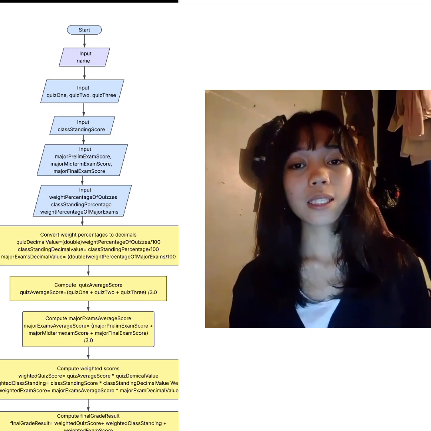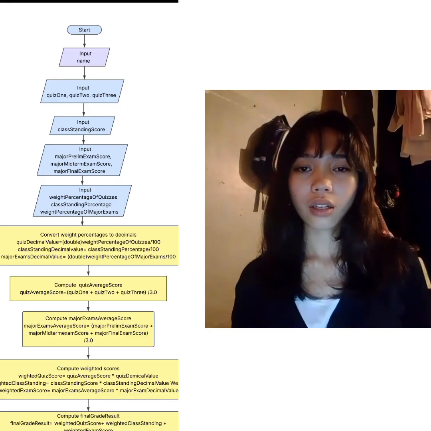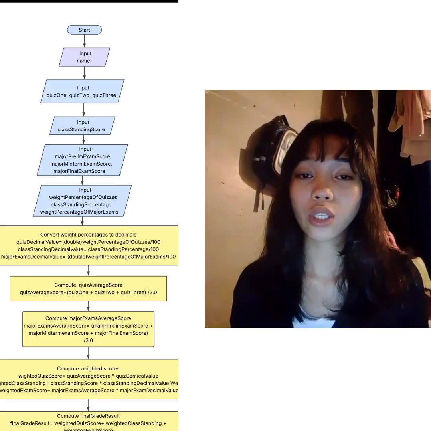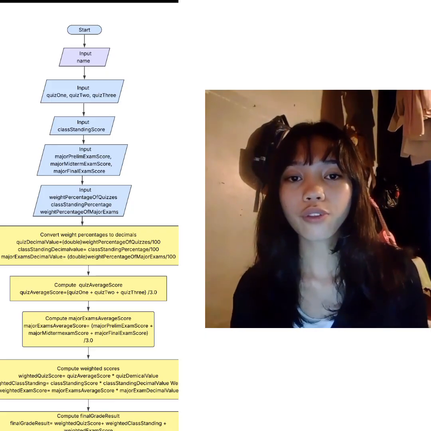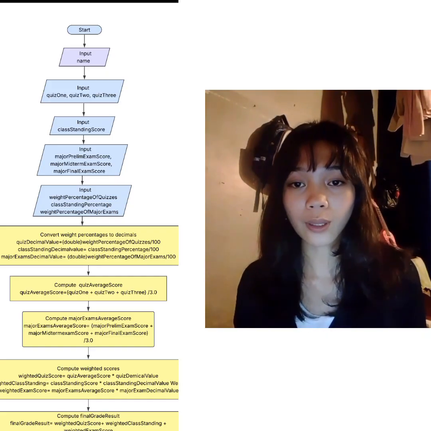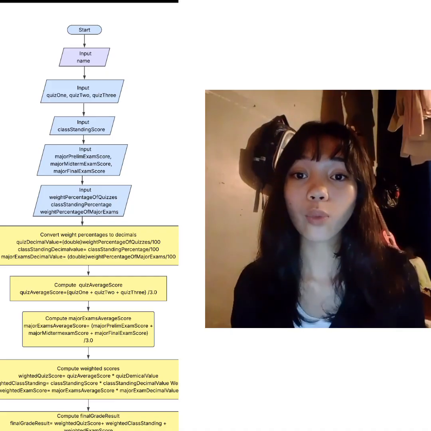So, with that, these percentages determine how much each category contributes to the final grade. Since percentages cannot be used directly in the computations, the program first converts the percentages into decimal values by dividing each percentage by 100.